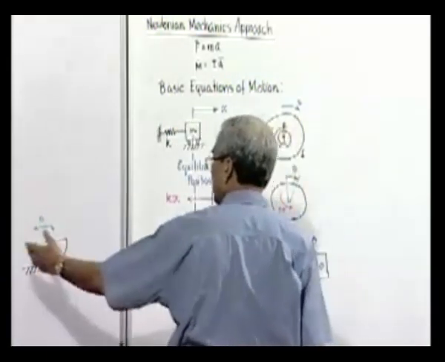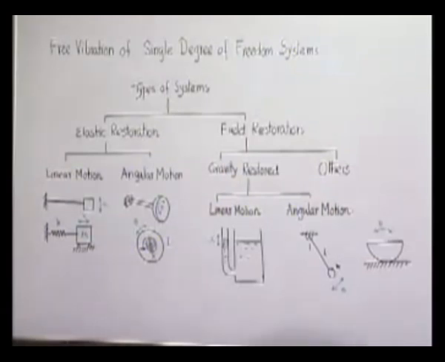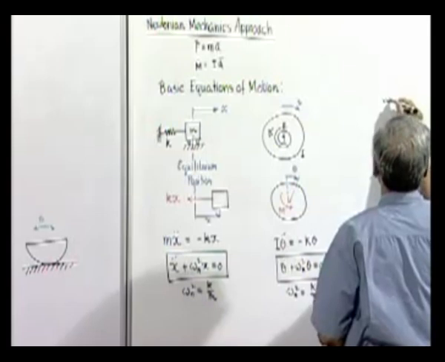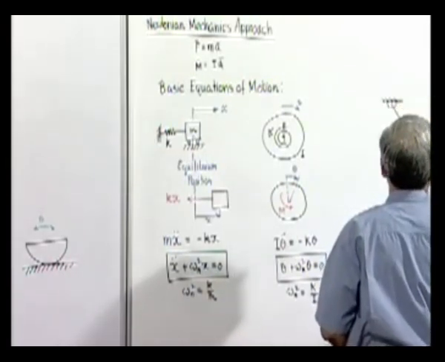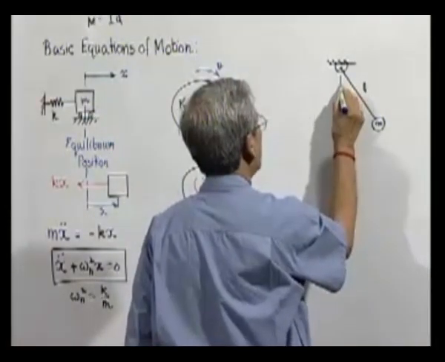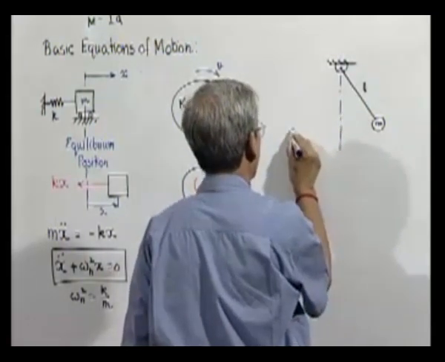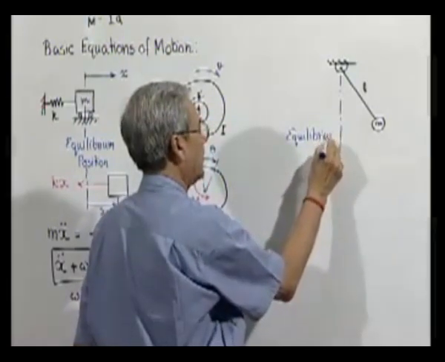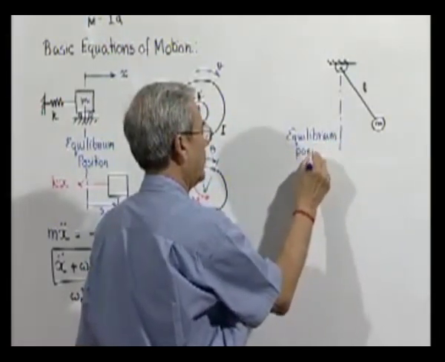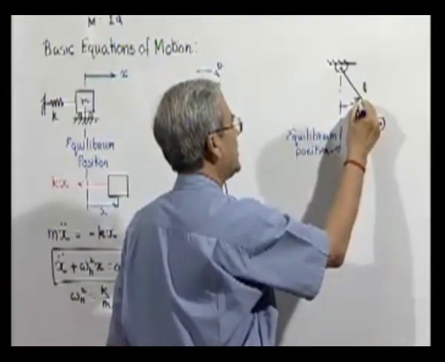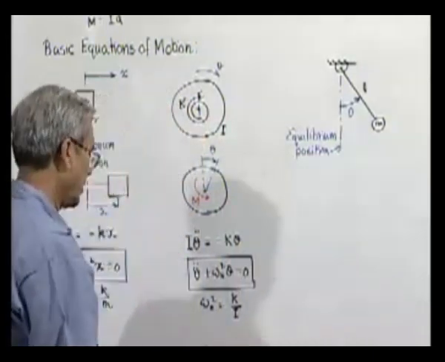Let us consider the angular case. So, we will do only one, that is the pendulum, others we will take up later. So, here the equilibrium position obviously is this. And we have displaced it, say, by an angle theta in this direction.